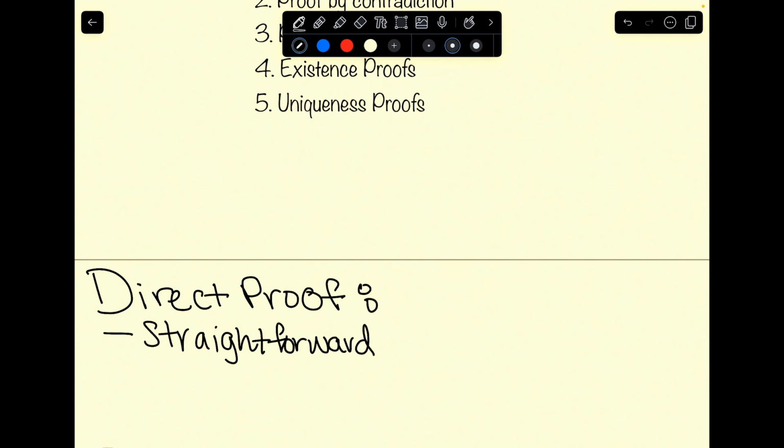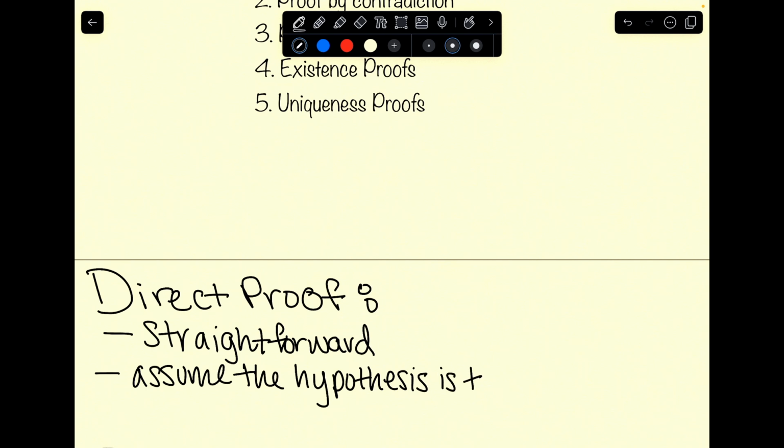And then we assume that the hypothesis is true, and deduce the conclusion based on background knowledge.